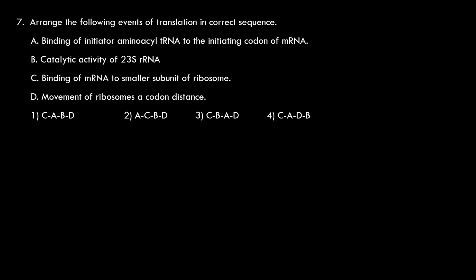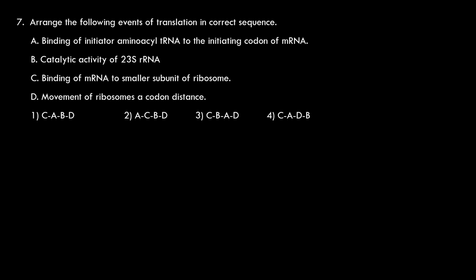By its catalytic activity, peptide bond is formed between the two amino acids. After the formation of peptide bond only, there is movement of ribosome a codon distance towards the 3' end of messenger RNA. So A and C are related to chain initiation, B and D are related to chain elongation. In A and C, the first event is binding of messenger RNA to smaller subunit of ribosome.